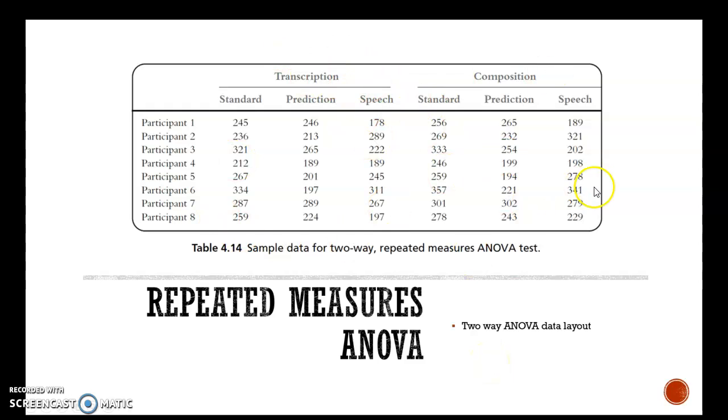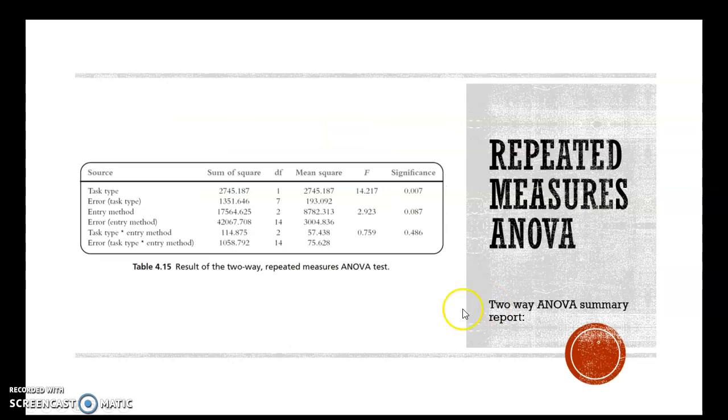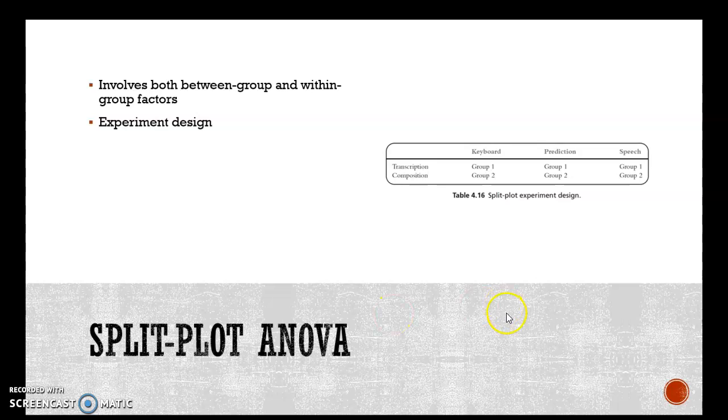So one task and two tasks with the same group of people. And then we can find out the real significant difference: task type makes a difference for the same group of people doing all three different things with three input conditions.